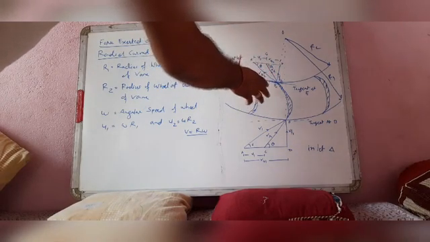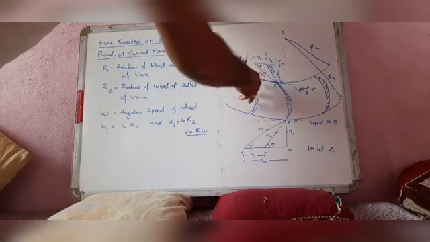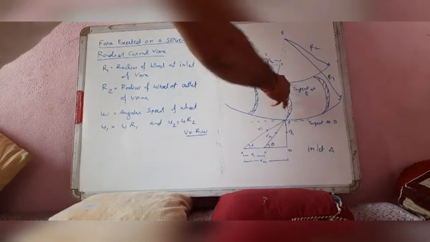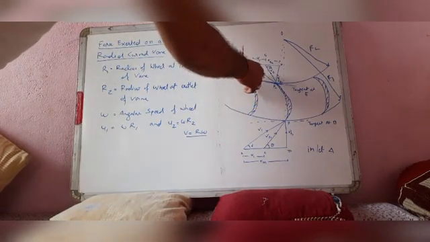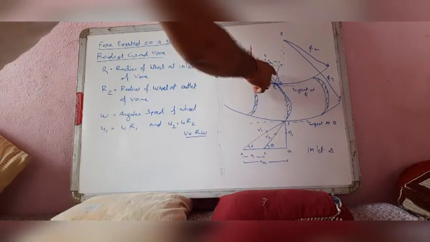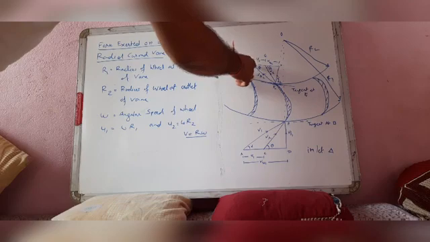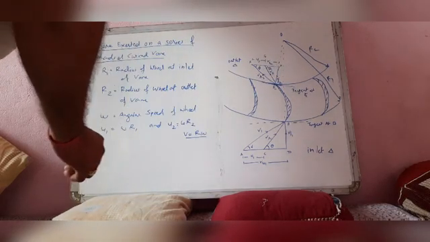Then this blade moves to this place, and the next blade comes in front of the jet. Here this is the outlet triangle, VR2, V2, VF2, and this is angle phi and beta. This is U2, this is VW2.